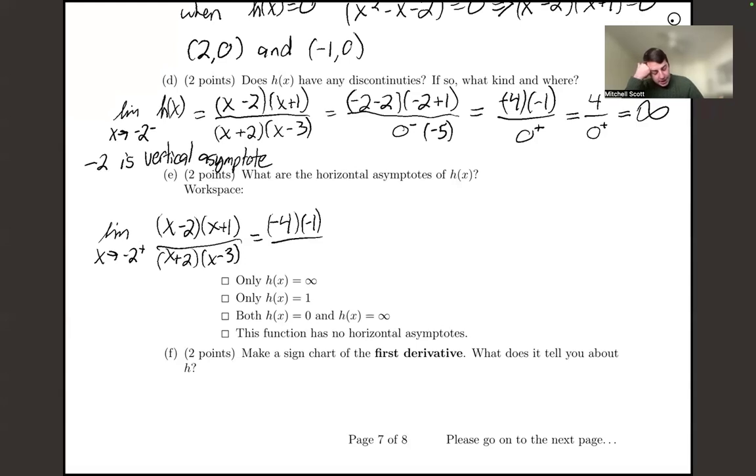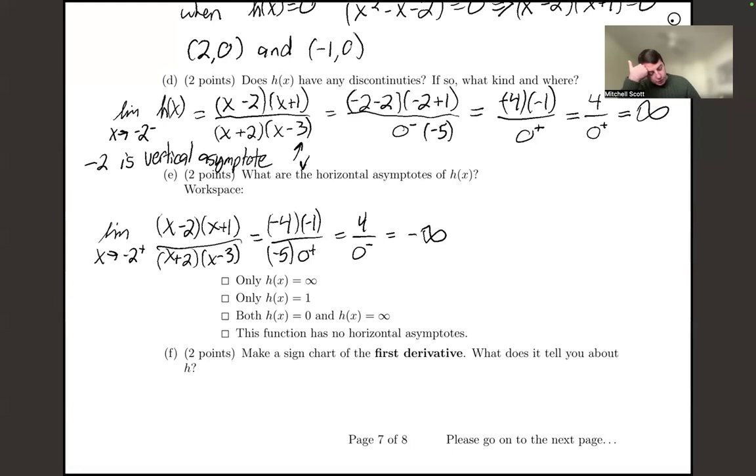And the bottom is still going to have minus 5, but then minus 2 from the right, plus 2, is going to be a small positive number. So this means we have 4 over a small positive number times negative 5, which is a small negative number. So this is going to go to negative infinity. Okay. So I'm going to draw positive infinity and then negative infinity as a shorthand for what we're going to do. And then we need to test the other point.